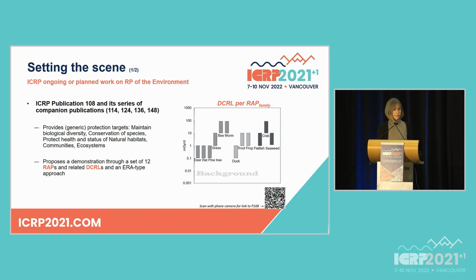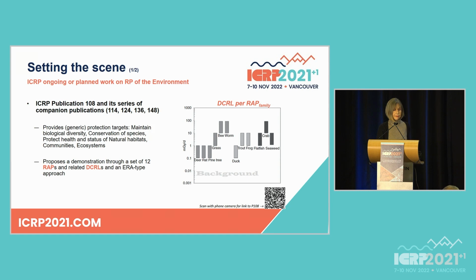This document provides protection targets, mainly maintenance of biological diversity and nature conservation overall, and the demonstration is conducted like an ecological risk assessment approach by the use of a set of 12 reference animals and plants, as shown on the figure on your right hand, and their related DCRLs, the derived consideration reference levels.